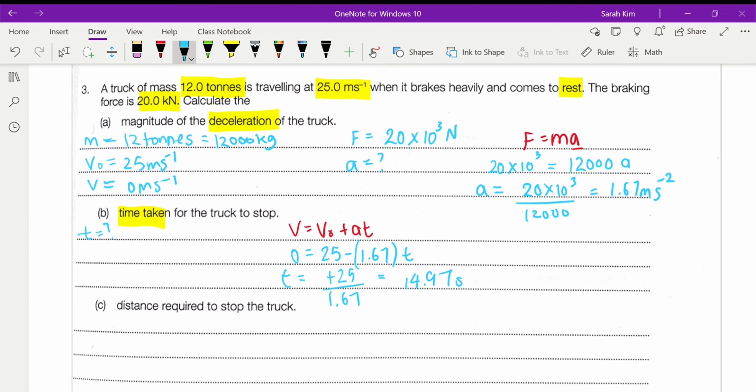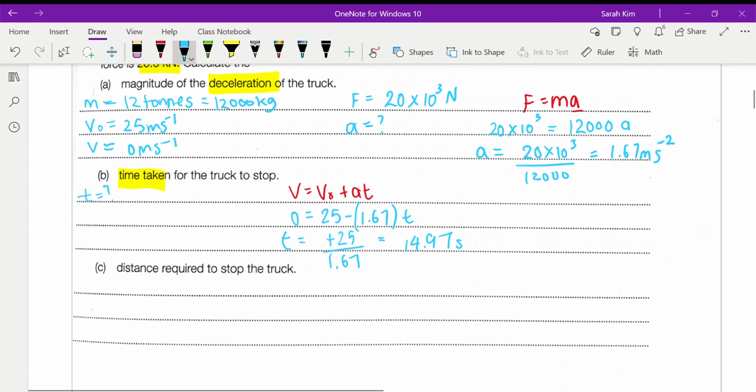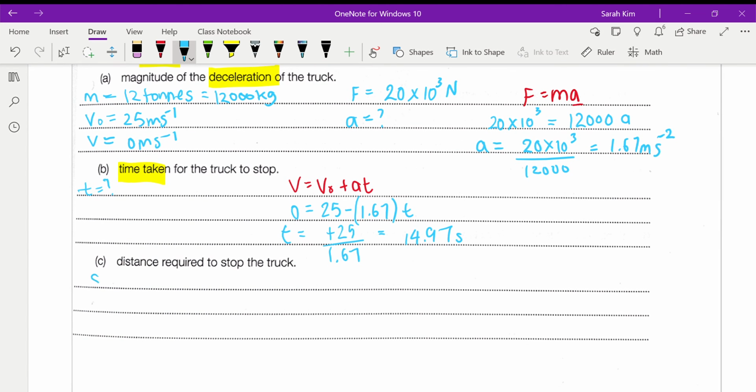14.97 seconds. Alright, distance required to stop the truck, so obviously that S is what I'm trying to find. I've got every fact, so I'm just going to use the equation of motion that has S equals this one. I'm going to sub those values in.